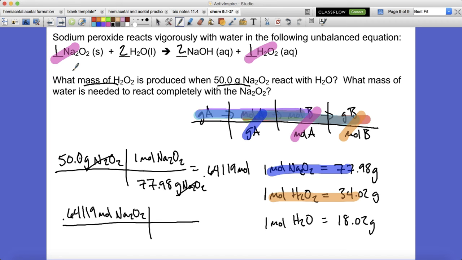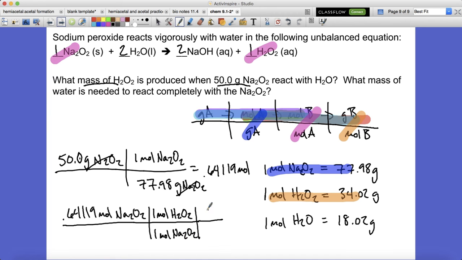So I could actually skip this step if I wanted to. Now I'm going to write it in because you guys should learn to recognize when you can skip it, when you can't, right? I need to change from one label to another, so I'm going to put the appropriate label in the right place, put sodium peroxide on the bottom. But that 1-to-1 affects nothing, right? Multiplying by 1, dividing by 1 doesn't change anything.